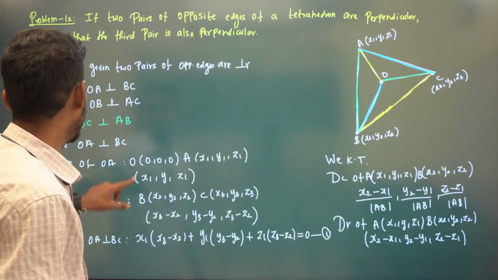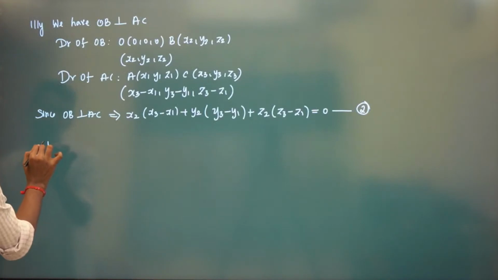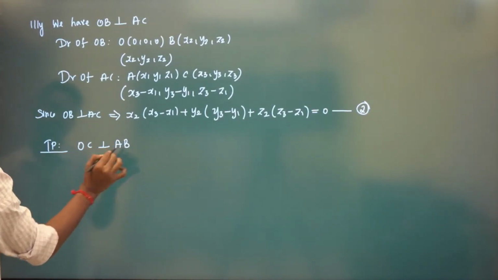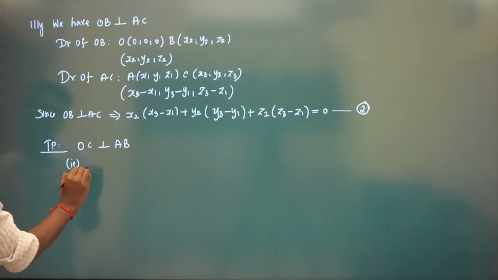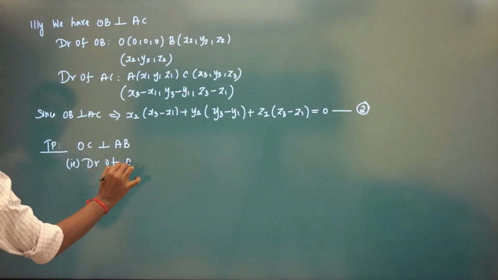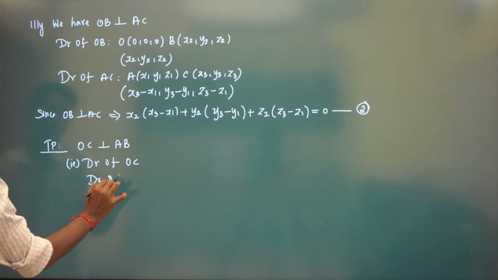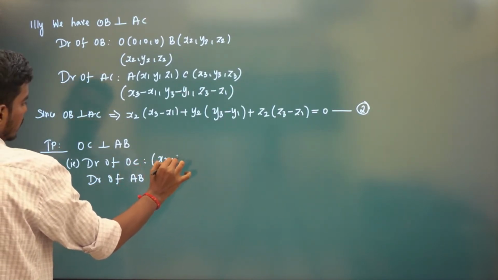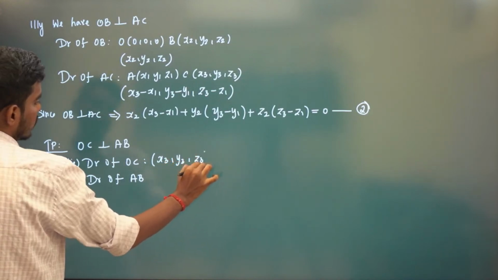Now we need to prove OC is perpendicular to AB. What is the direction ratio of OC and of AB? The direction ratio of OC will be x3, y3, z3.